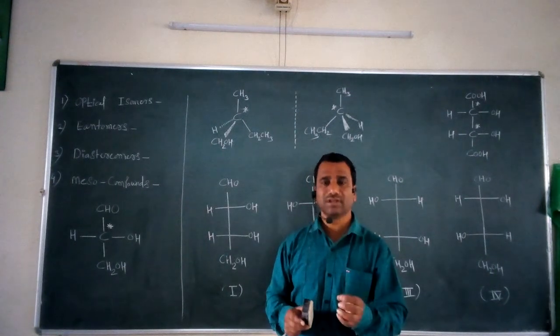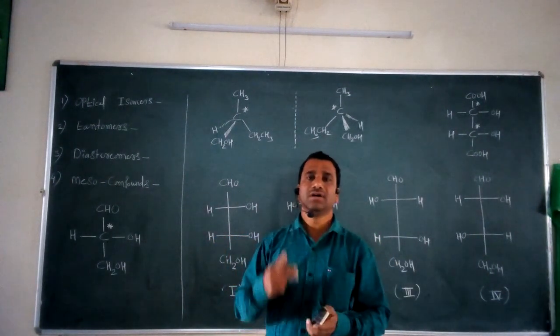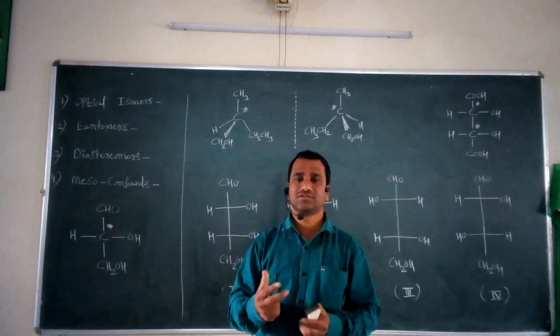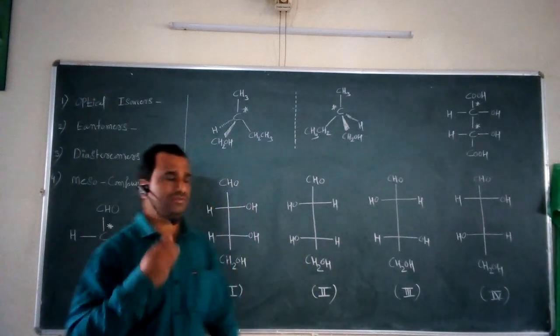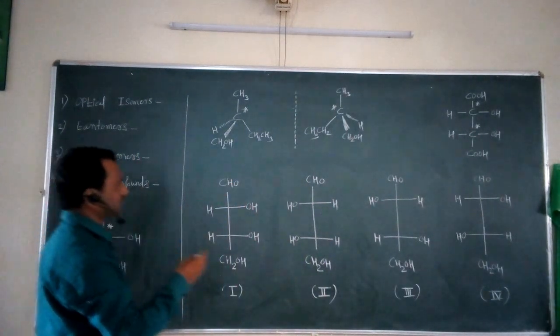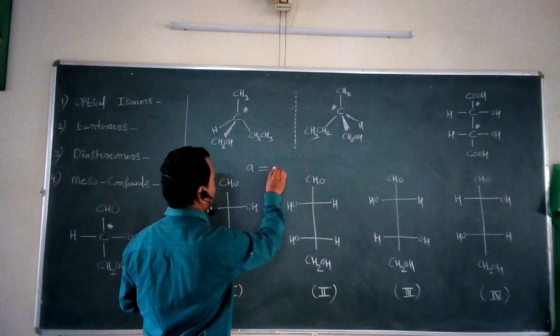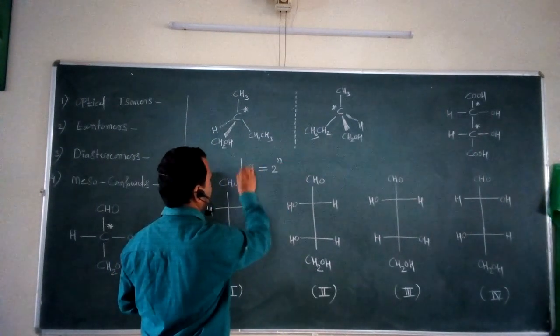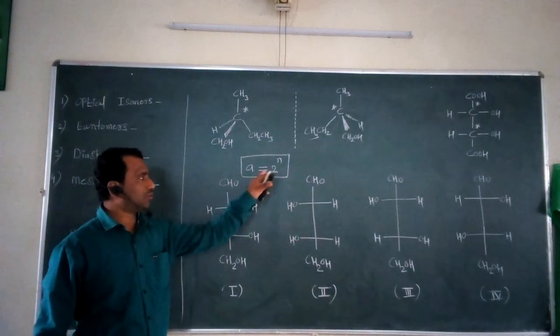Whenever we want to know how many different possible isomers of a given compound exist, we have to use one simple relation, that is A is equal to 2 raised to n.